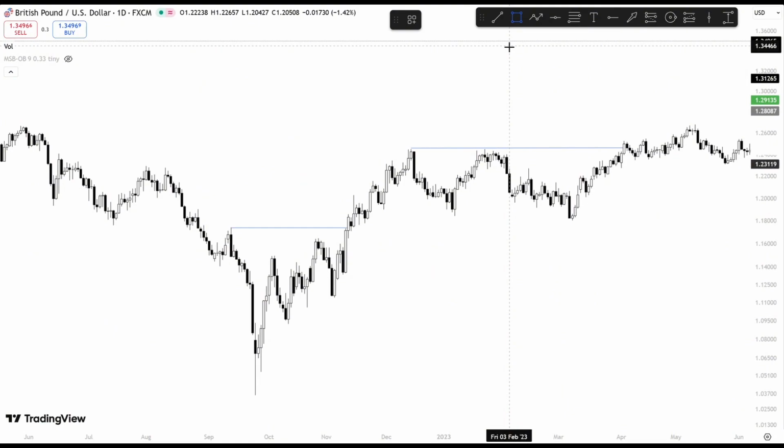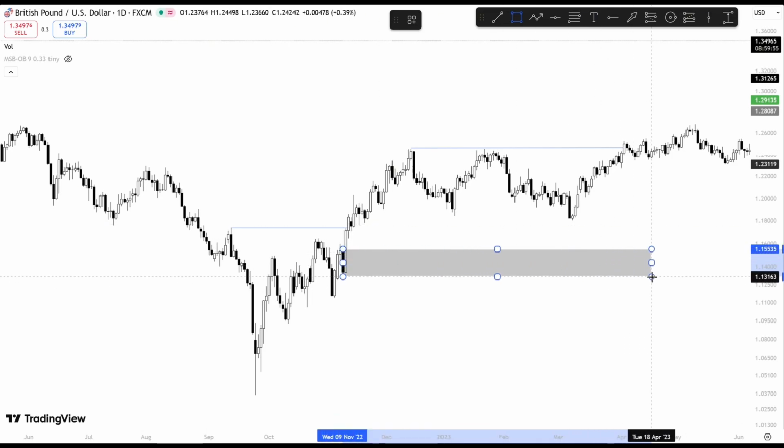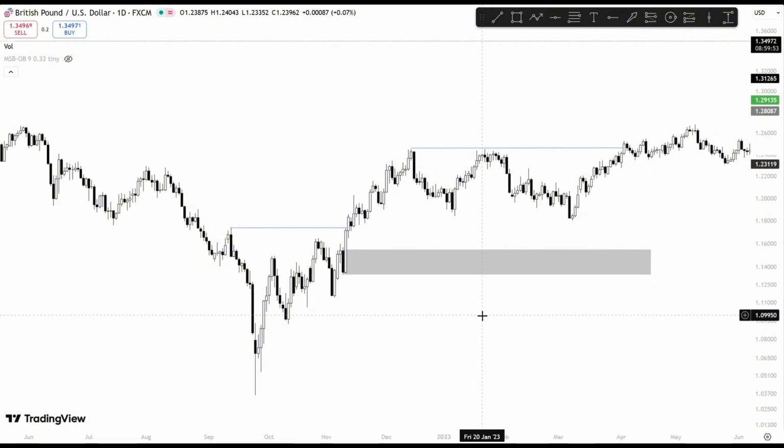Every single strategy does not hit every single time. That's why you try and see what actually happened. This is the last demand zone that gave the high impulse, and the market never came back to it. So why did the market never come back to it? I tried using the Fibonacci to know what was happening.